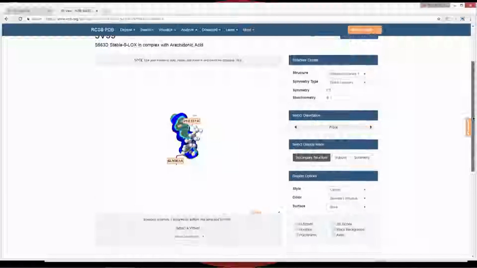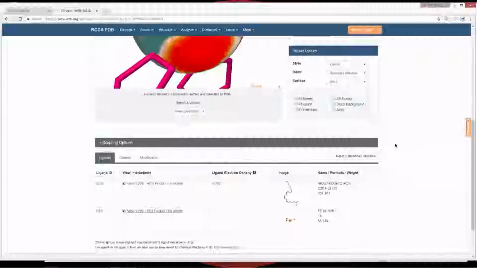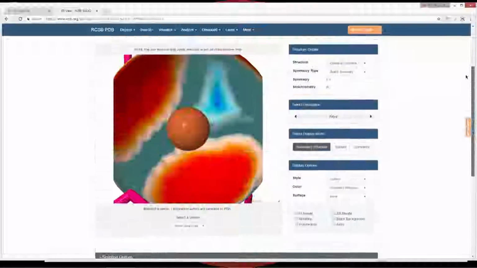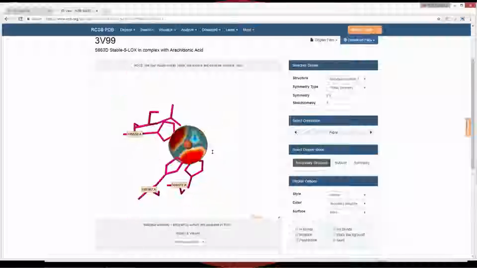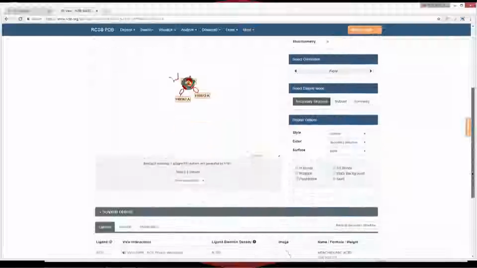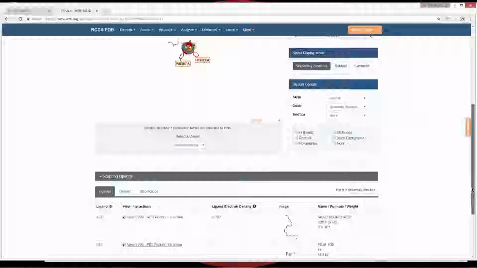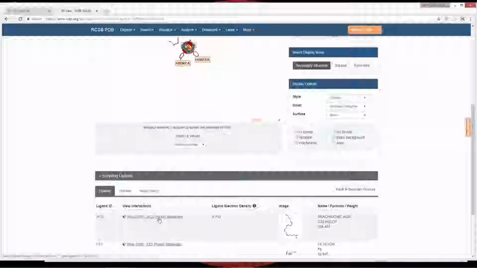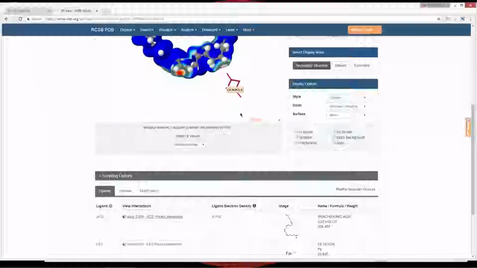I can see that protein. And if you want, we can even look at the ion that is present. As you can see here, this is the ion that is present in the protein, with the corresponding amino acids that are surrounding it.